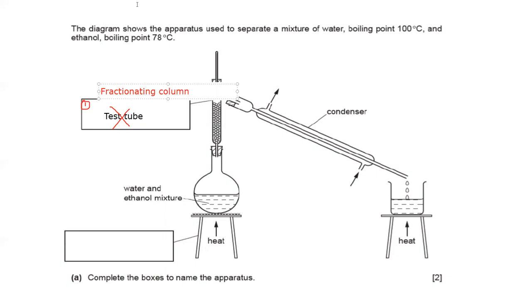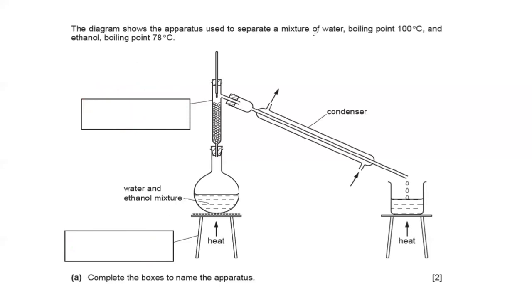The fractionating column is used to separate, because in this column the vapors separate at different temperatures. That's why we specify the name as a fractionating column. What about box 2? That's a stand or tripod stand. Better write tripod stand. Stand is the right answer, but for a full name it should be a tripod stand.